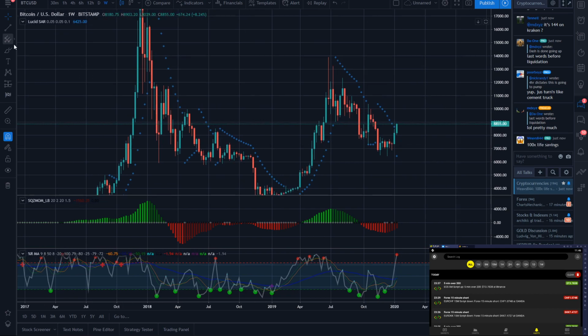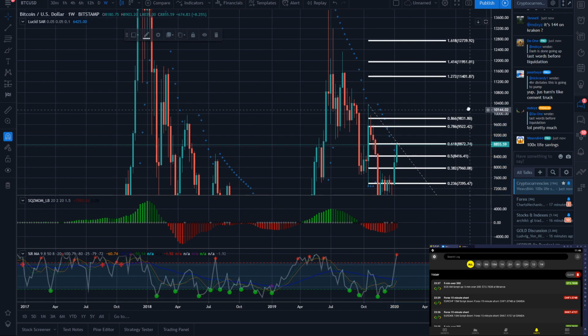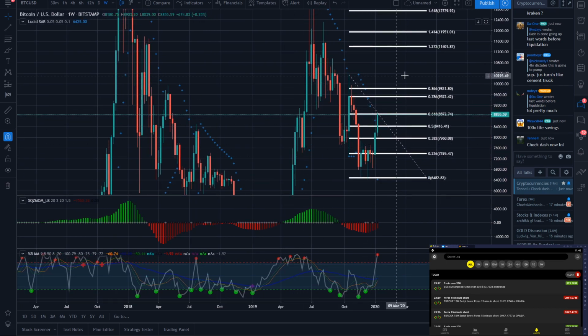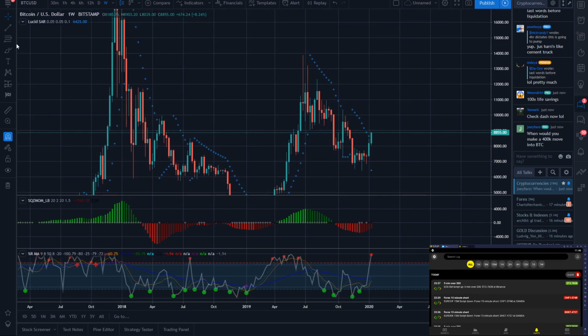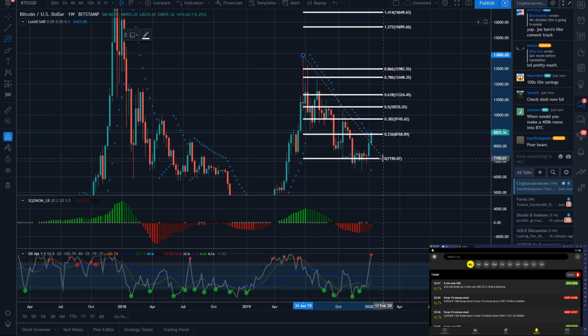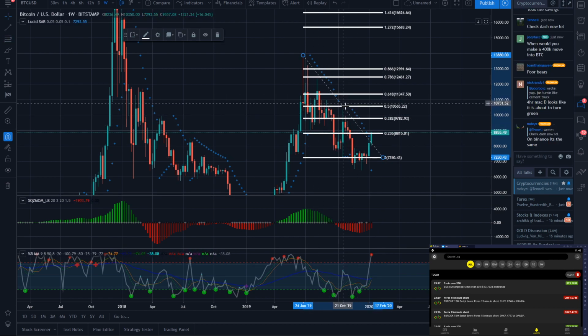So currently Bitcoin is doing some great things and some bad things. Look at this, the 0.618, and if you ask me, let's do the previous high. Not the 382.